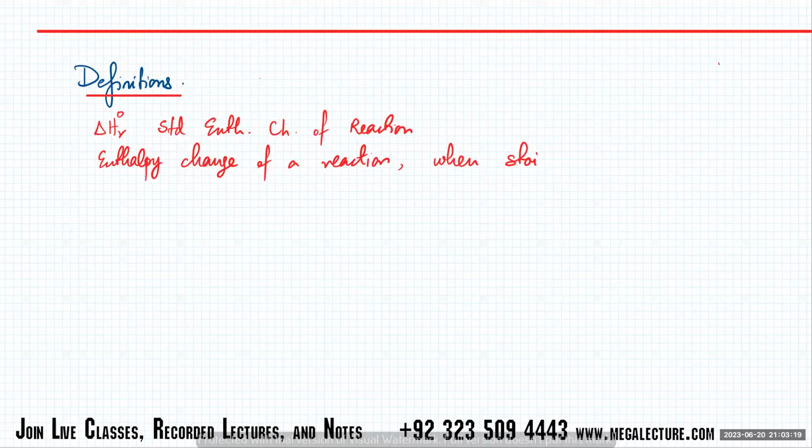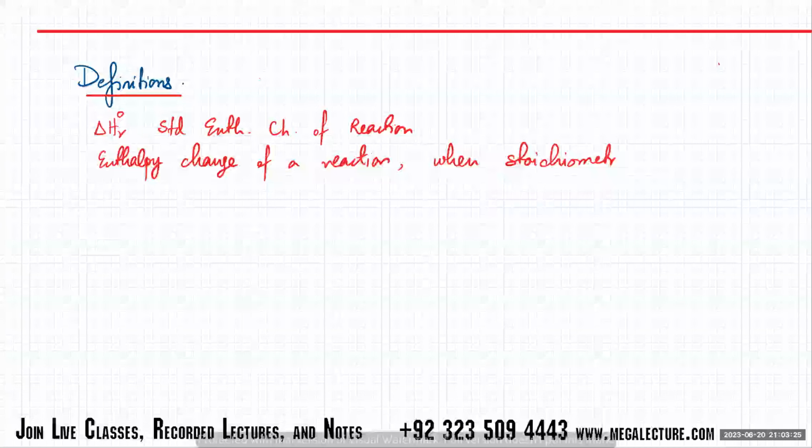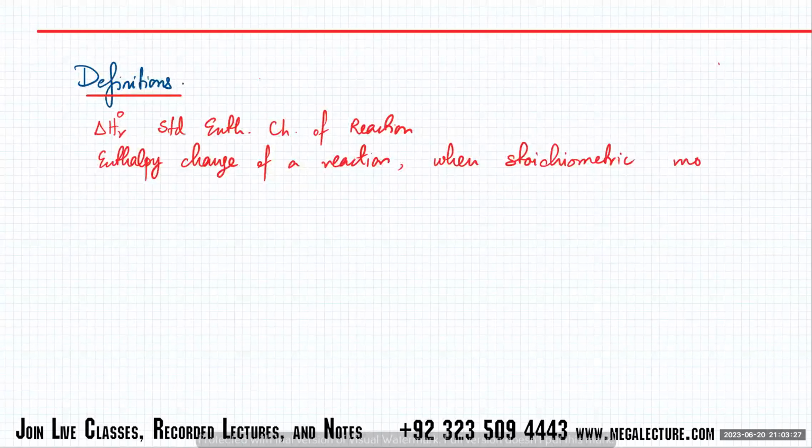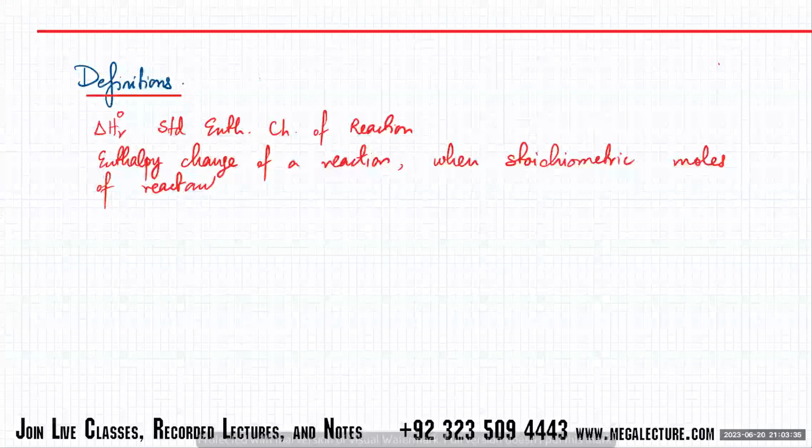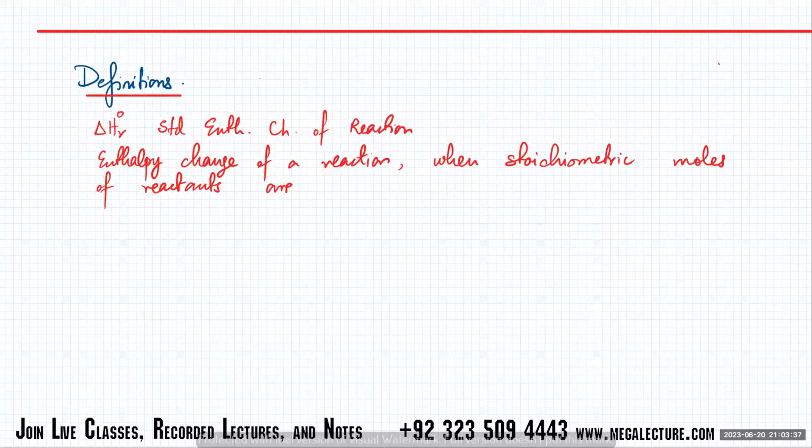Stoichio. I guess that's it. Stoichiometric moles. Stoichiometric moles is the moles that are written in the equation. So when stoichiometric moles of reactants are used and products are made.